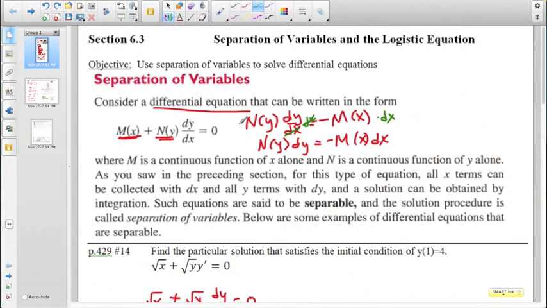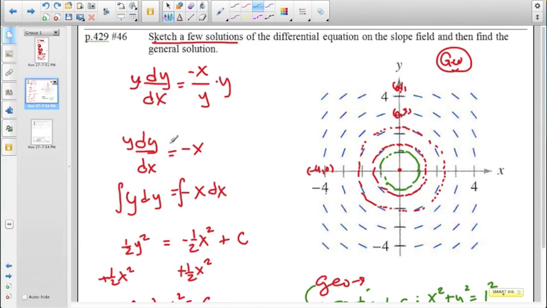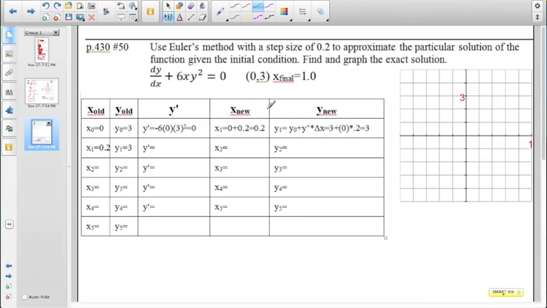This first example, we started with a differential expression. We could have created a slope field. And for each one of these problems, we could have created a table and done Euler's method to get an approximation without using calculus. And so that's what we're going to do here. We're going to generate a table so that we can approximate this without using calculus.